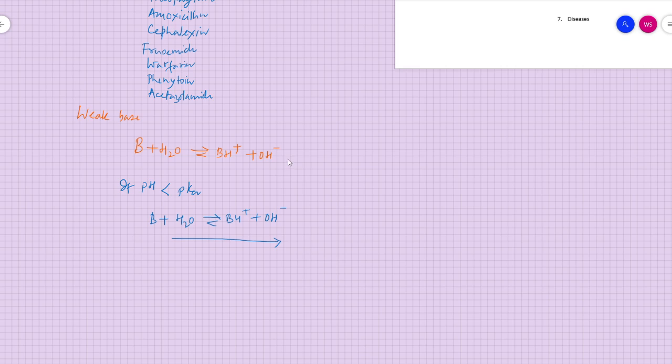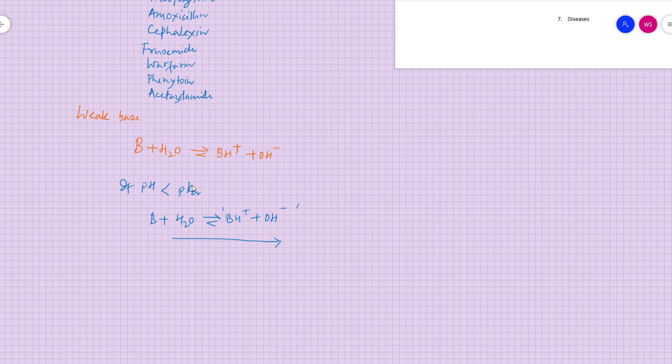Meaning there would be more ionized species present. As a result, absorption would decrease.